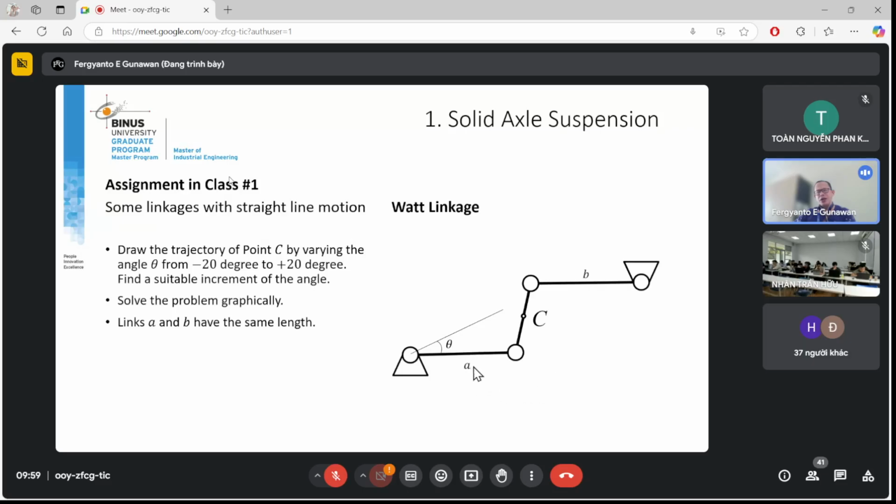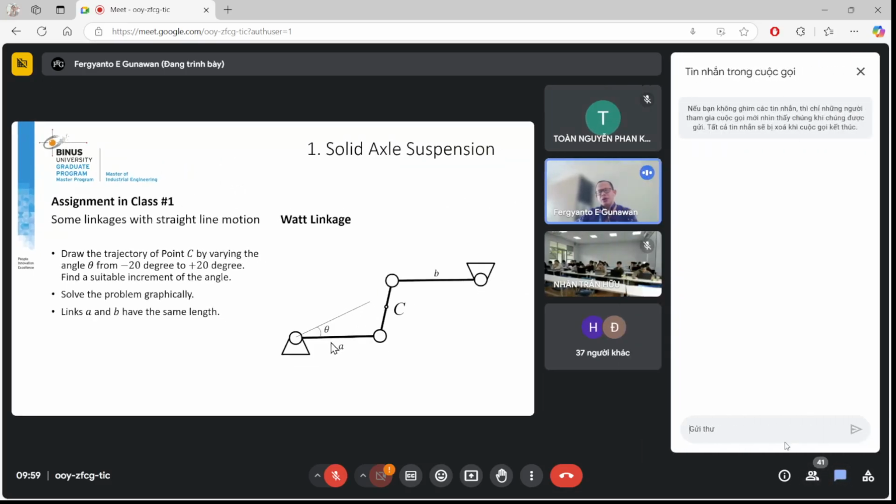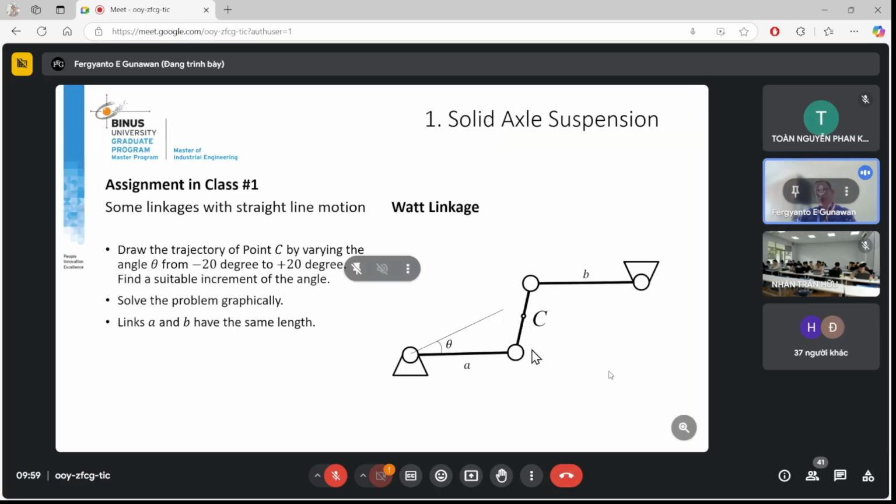You can introduce a couple of centimeters and find a way such that you can plot the movement of the C point. You can assume the difference of the location between the top bar and the lower bar. What we wish to see is how this point moves with the movement of this A bar and the B bar.